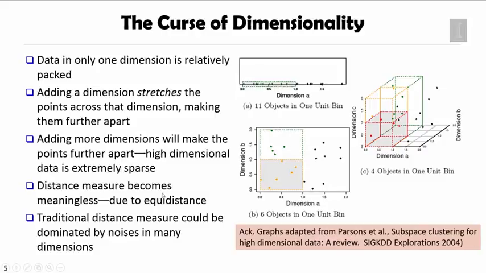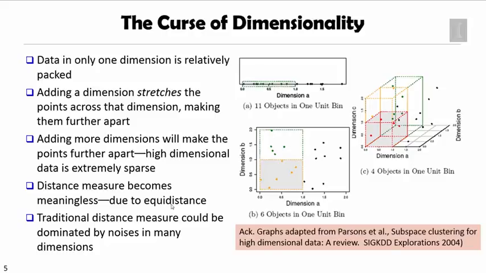Then the distance measure becomes meaningless when you go to very high dimension, just because in dimension A, you may find these 2 are very far apart. In dimension B, it could be just noise or something. But once you see there are many, many dimensions, their differences could be that you have data in this dimension, I have data in the other dimensions.